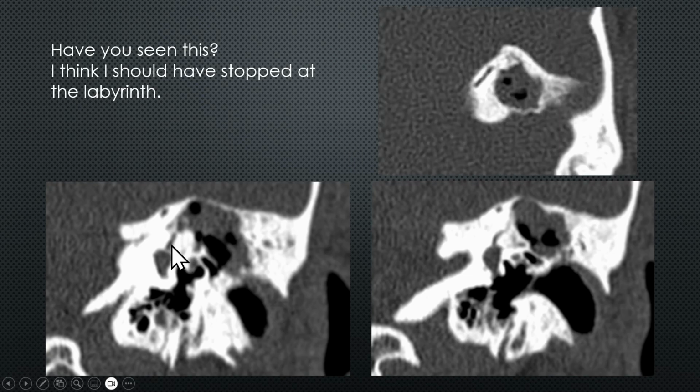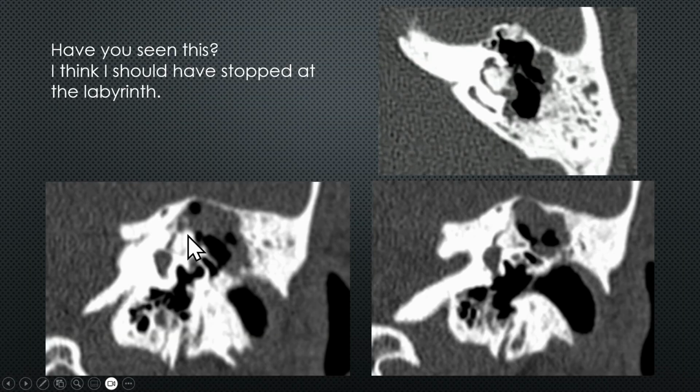But I look at things like this and you go, oh, that's just one of those semicircular canals, but that's not a semicircular canal. This is a semicircular canal. And these little lines in here were some of the little lines of tissue I was following in the bone. And this right here, which sort of looks like a semicircular canal, is not. I didn't recognize any of that preoperatively.